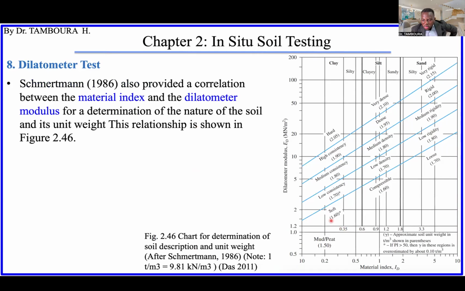And then if you go up, here is soft to hard. For sand, for silt, compressible to very dense. There are some transition zones, as you can see here. This is silty clay, this zone.